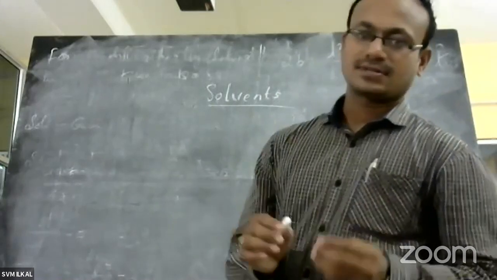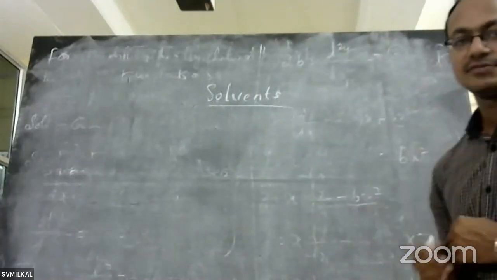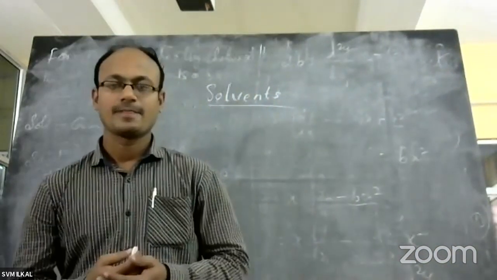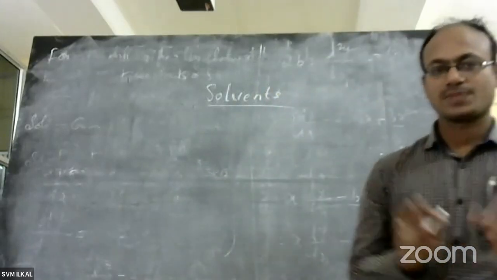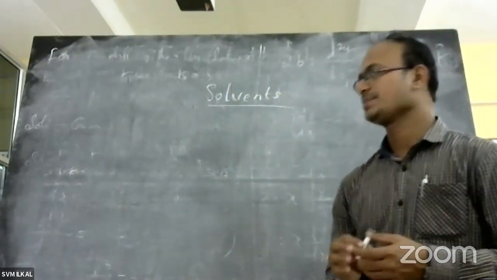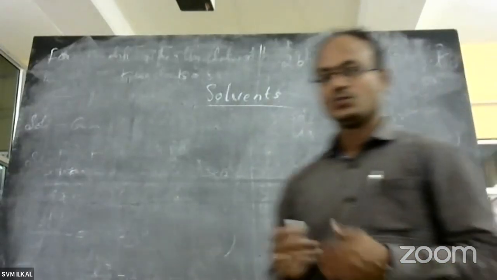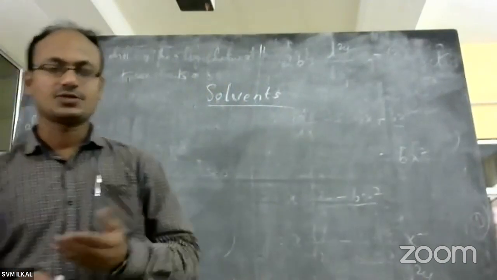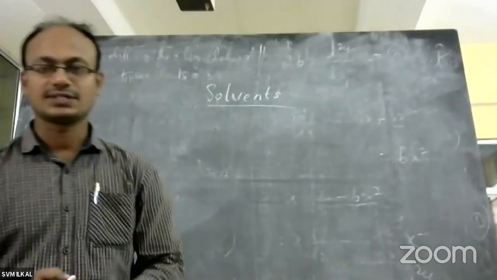So with this context, we studied what exactly a solvent is, then what the types of solvents are, and according to Lowry-Bronsted theory, we studied some types of solvents. First we'll once again revise what exactly a solvent is.